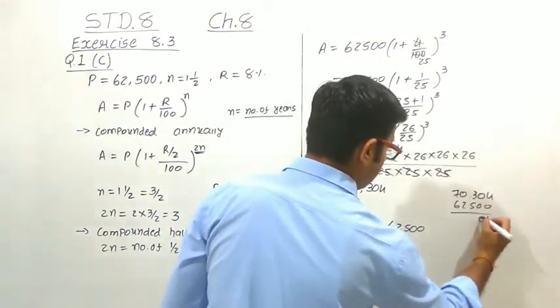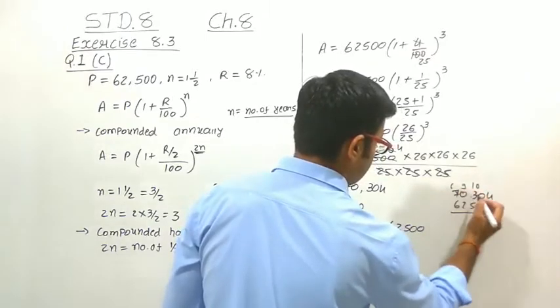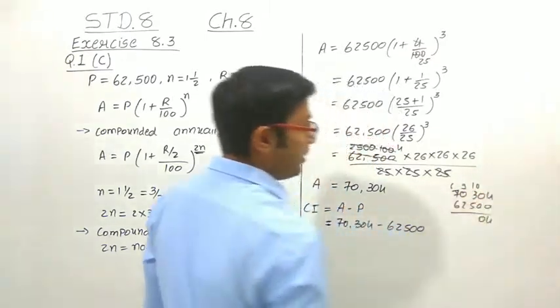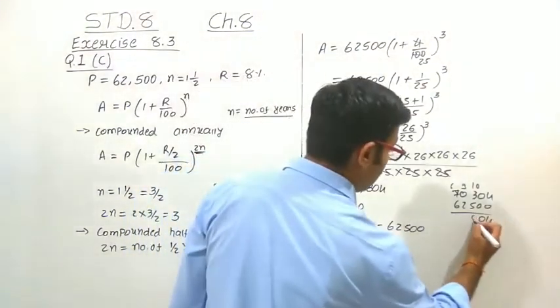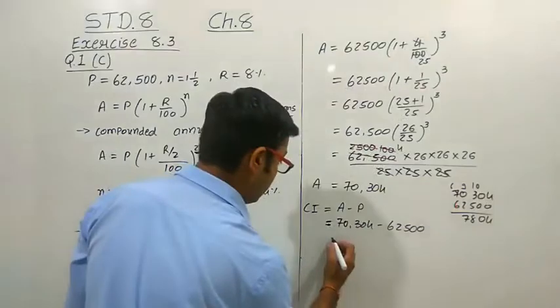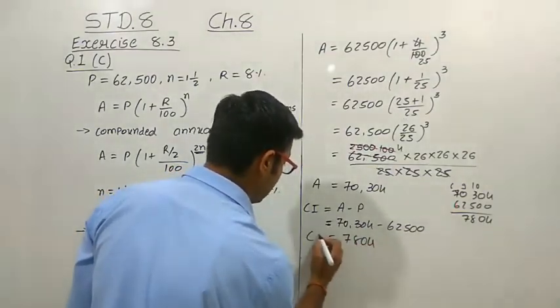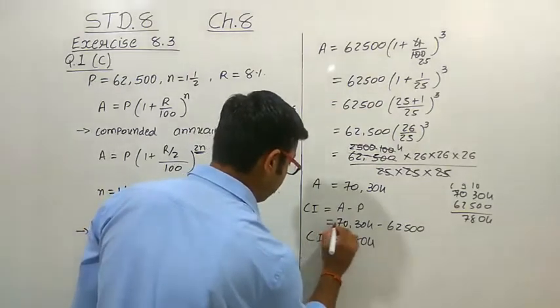So 4, 0, here we have to take 3, 10, 9 and 6. So 13 minus 5, that is 8, and here 7. 6 minus 6 is 0. So CI we are getting is 7,804. This is the compound interest.